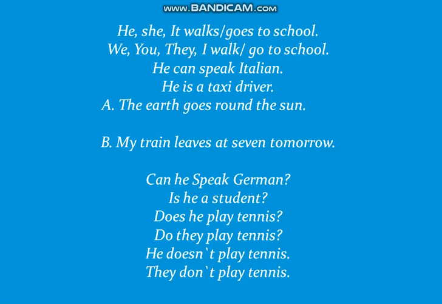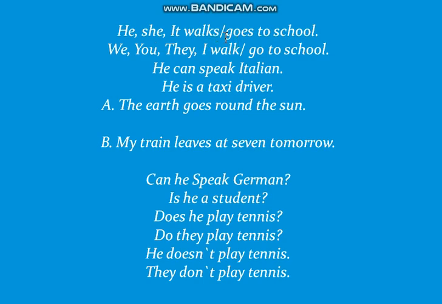When it comes to simple present tense, the structure is subject plus the simple form of the verb, which takes S or ES in a third singular person. I mean, here, as you can see, we've got he, she, it, a third singular person, the verbs walk and go.